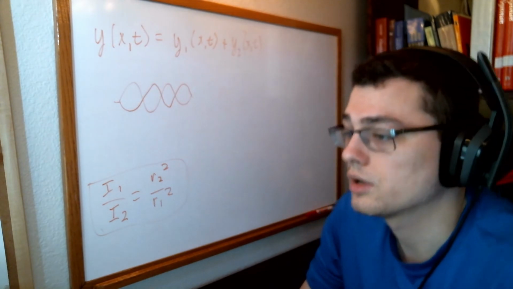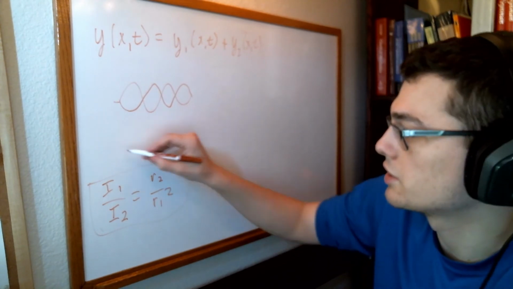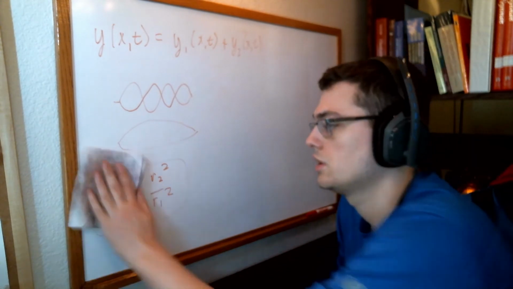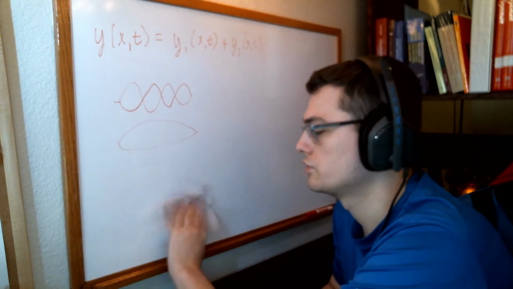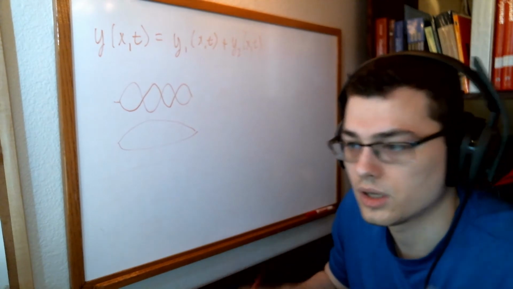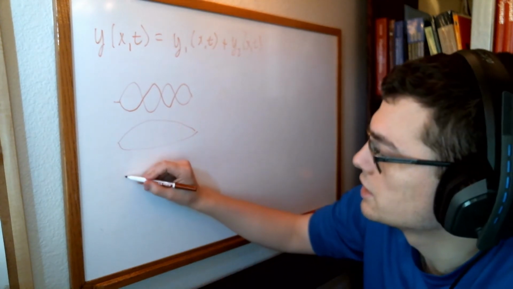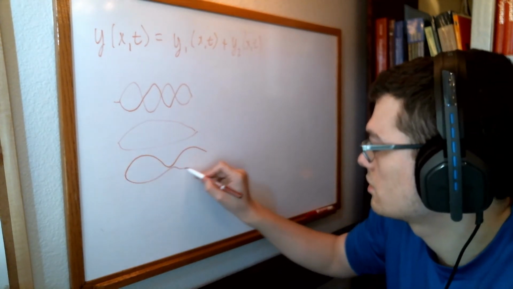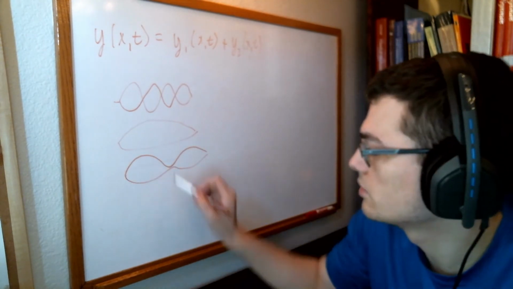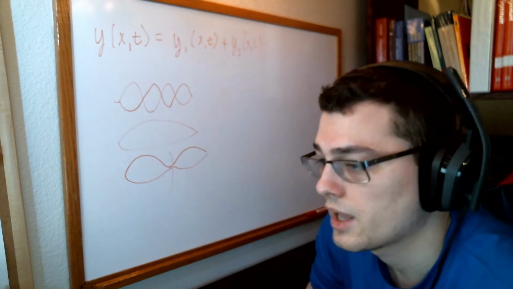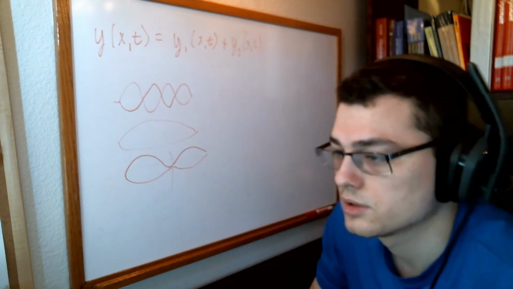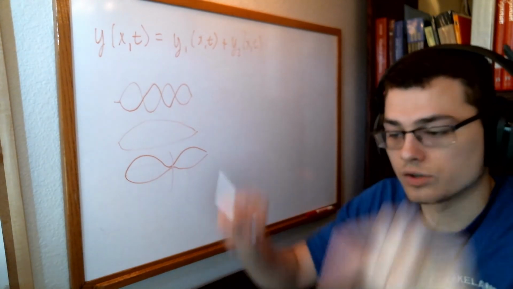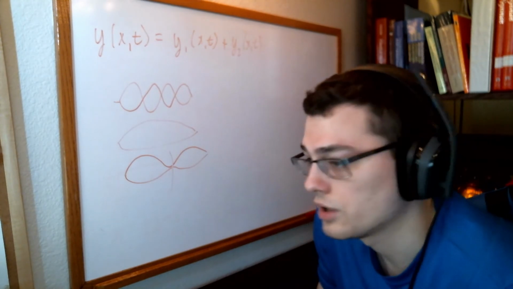So originally, if you're just swinging the jump rope, you get this one large hump. But if you start to give it a different wavelength, you'll end up getting a shape that looks like this. There's going to be a small spot where there's not much vibration, and that spot is called a node.